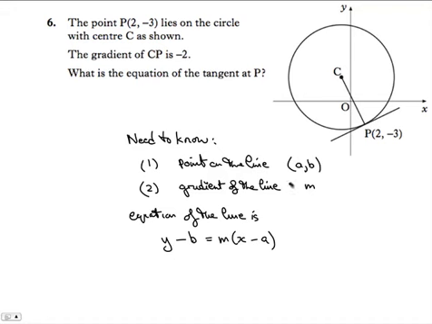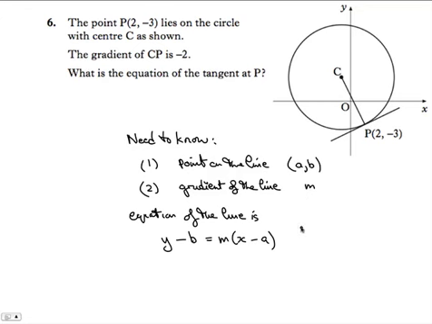So it's y minus the y coordinate of the point that you know on the line equals the gradient times x minus the x coordinate of the point that's on the line.